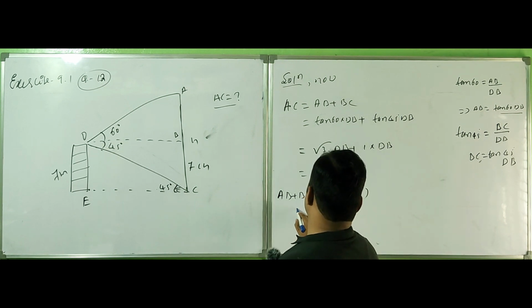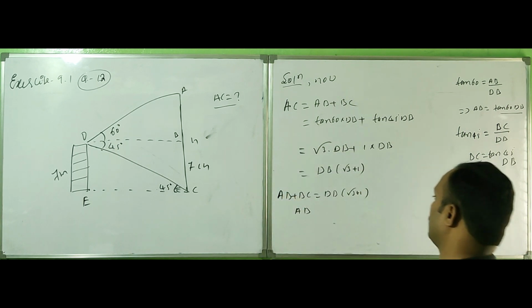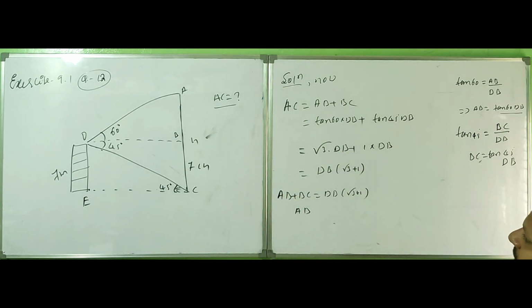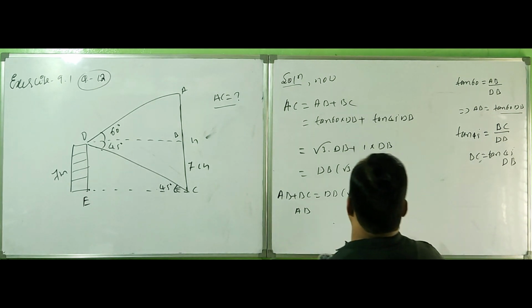What is AB here? We don't know. What is BC here? 7. What is DB here? We want DB now.